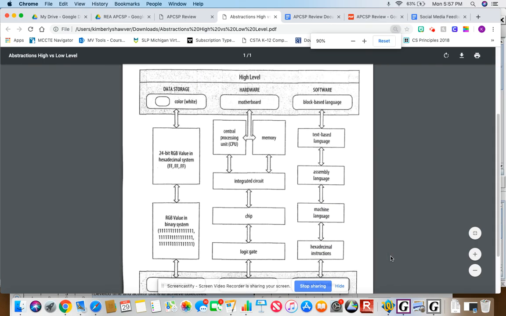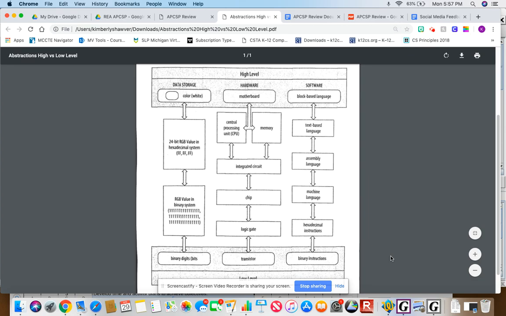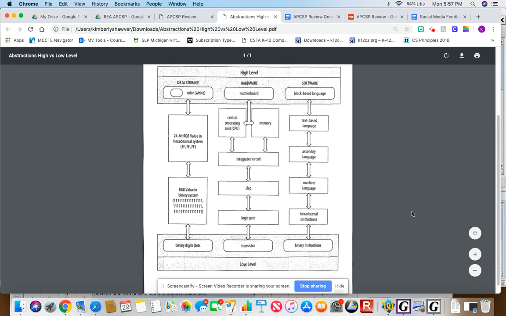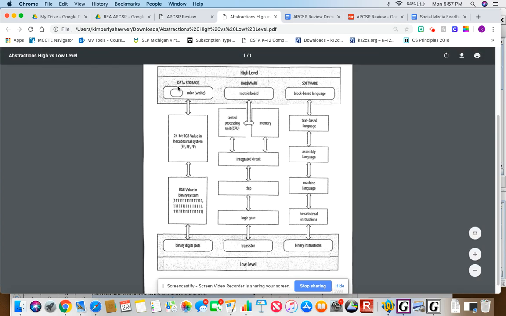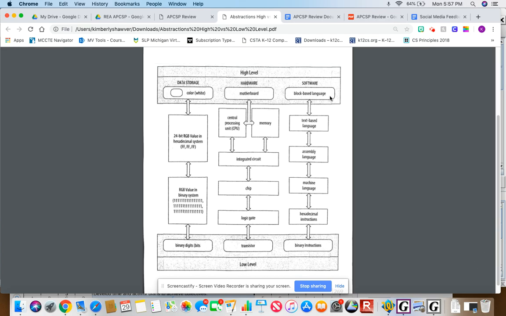So I'm going to minimize this just a little bit, and this is in your notes. So when we're looking at a computer, our high-level abstraction at the highest level would be the data storage, the hardware like the motherboard, and the software such as a block-based language. Those are the high-level abstractions.